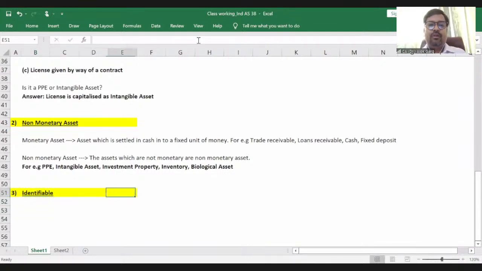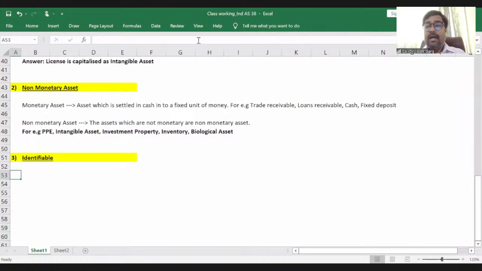Identifiable. What is meant by identifiable? Identifiable means separable.